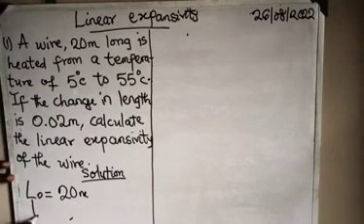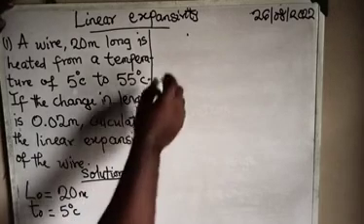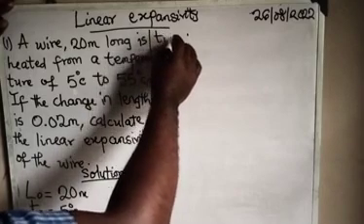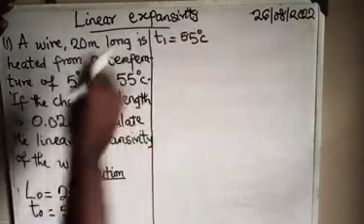So at T0, that's the original T0, is equal to what? 5 degrees Celsius. While final temperature, let me call it T1, is equal to 55 degrees Celsius.